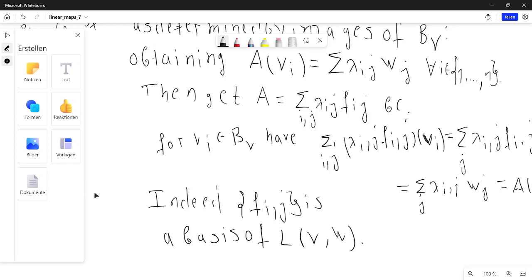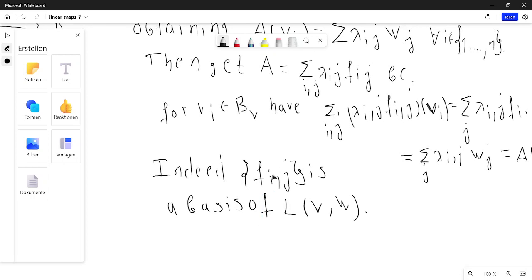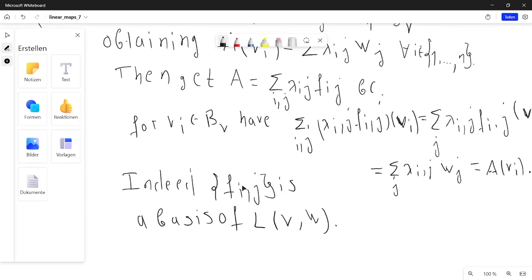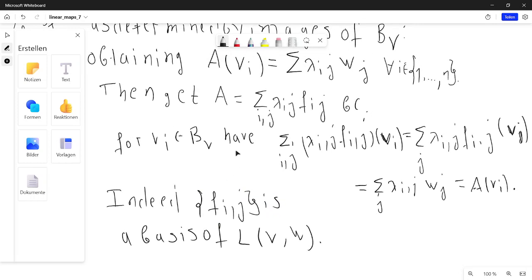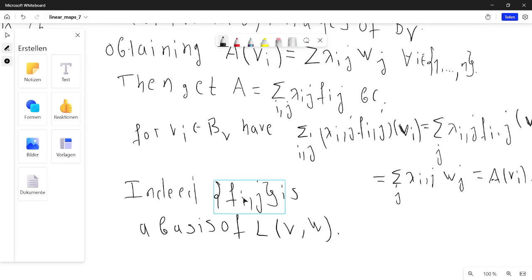That's great because the number of elements in this basis, just how we have defined it, you can check yourself, it's very easy, is n multiplied by m, because i went through 1 to n, j went through 1 to m, and so the number of vectors in here is exactly n multiplied by m.